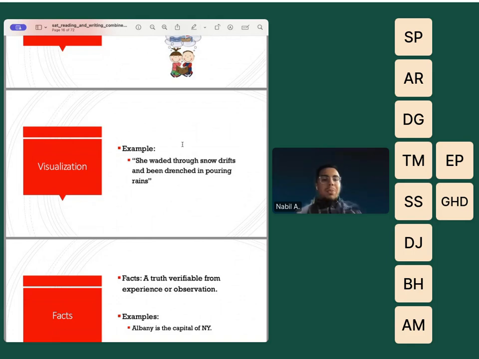So let's go over this example. She waded through snowdrifts and been drenched in pouring rains. Feel free to put in the chat, what are you guys thinking? What was the picture going on in your head as I was reading through this? She waded through snowdrifts and been drenched in pouring rains. Feel free to just put a few words in the chat what you were thinking. It doesn't have to be right or wrong. It's personally just a picture that's going on in your head.